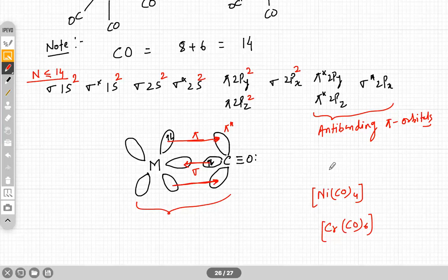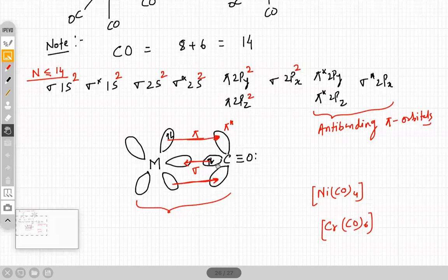That is different. There we have metal carbonyl compounds plus some other ligands also present. Here we have only metal and carbonyl compound. That's why I have given the examples of this type.